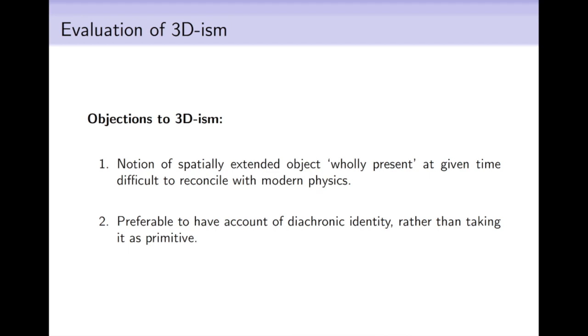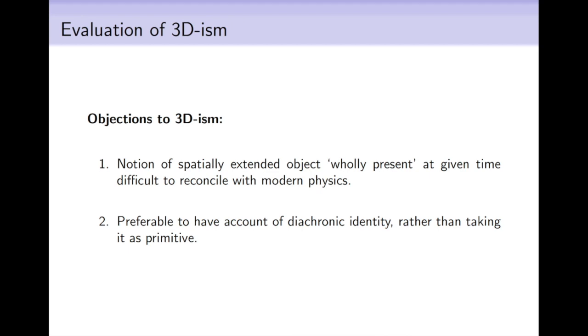Another objection is that the three-dimensionalist, in a sense, takes identity across time to be a brute fact, right? The four-dimensionalist gives an account of what it is for an object to be identical across time, namely to have temporal parts, or in other words, parts existing at different times.